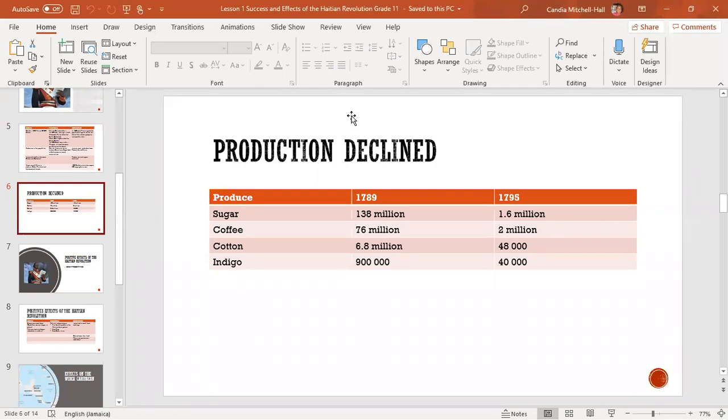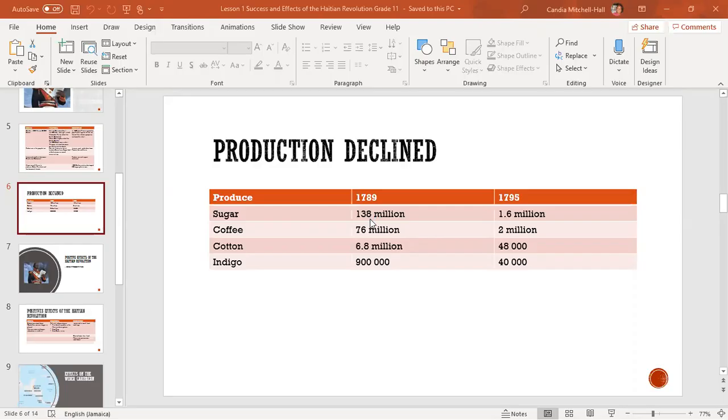And so we are looking now at 1789, before the revolution started. The amount of sugar that Haiti, or Saint-Domingue at the time, produced was 138 million tons of sugar. Coffee, 76 tons of coffee.